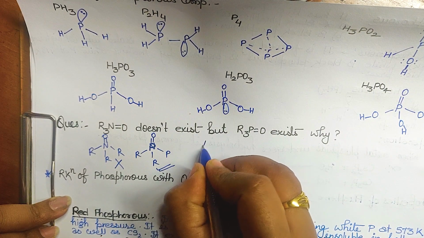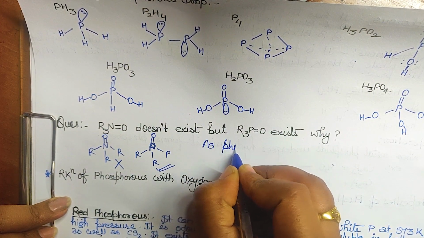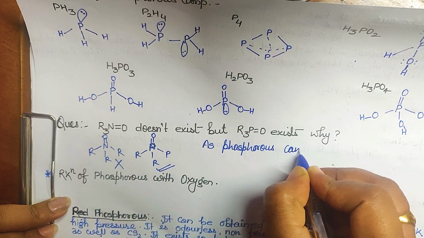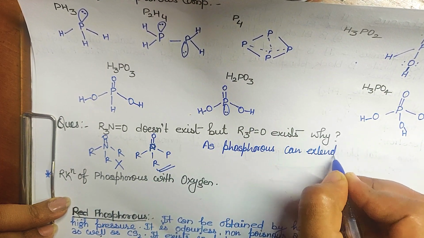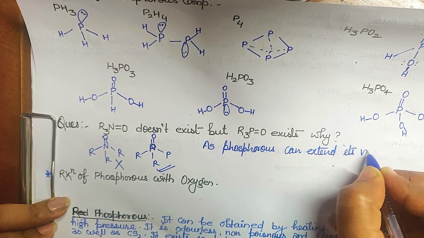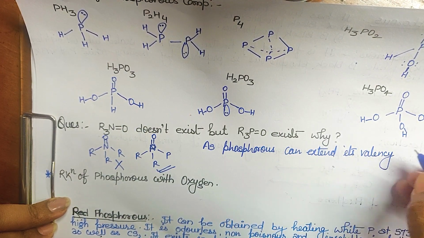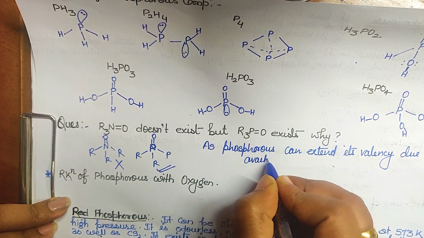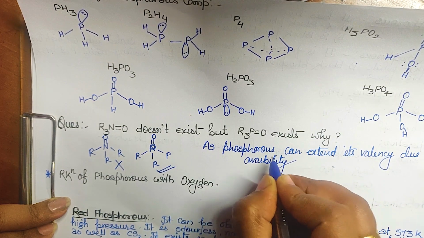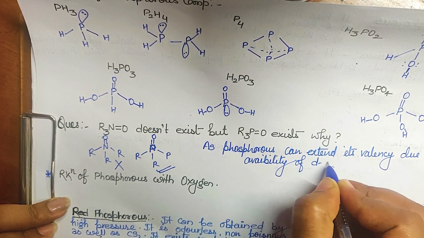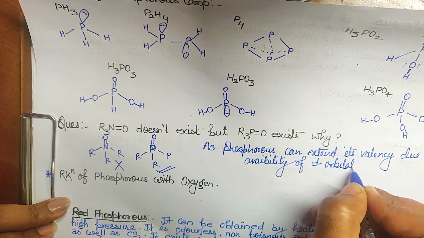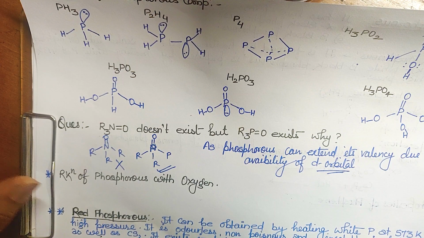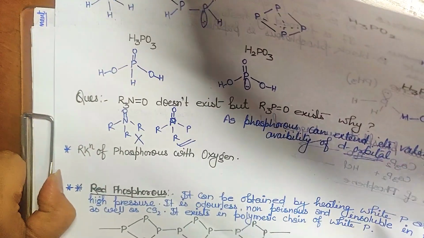So as phosphorus can extend its valency due to availability of d orbitals, got it? Hence it can show a pentavalency while nitrogen can't.